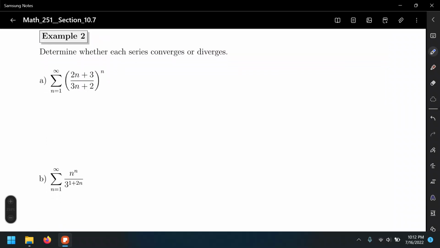Alright, so let's determine whether the series converge or diverge. Number 1, we have sigma n equals 1 to infinity of the quantity 2n plus 3 over 3n plus 2, the whole thing to the n power. So in this case, limit as n approaches infinity of the nth root of the absolute value of 2n plus 3 over 3n plus 2 to the n power.